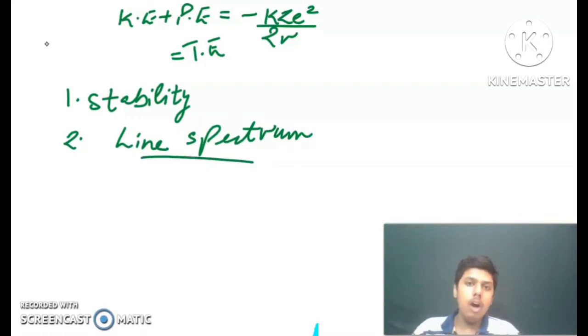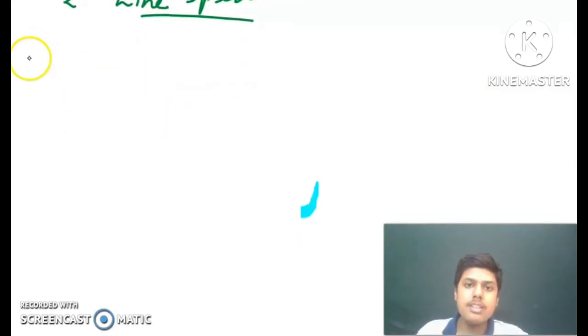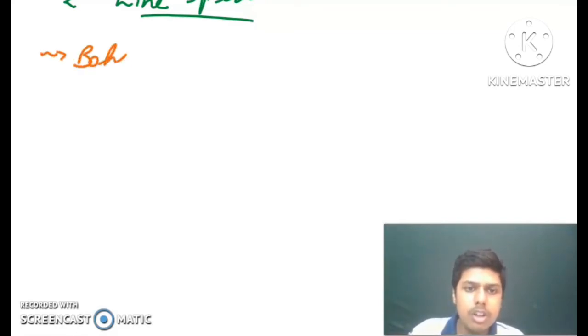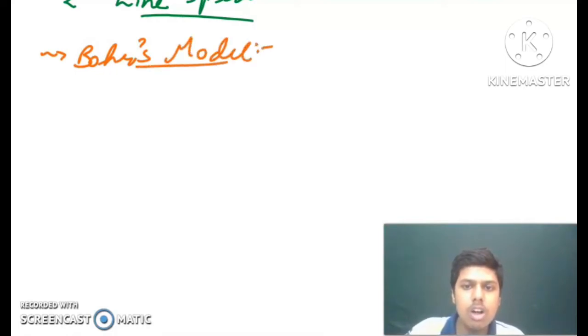Okay, now we have Bohr's model. In Bohr's model, various equations are also very useful, but first of all, let us deal with the theory. Now what does the theory say? In Bohr's model, there are three postulates of Bohr.